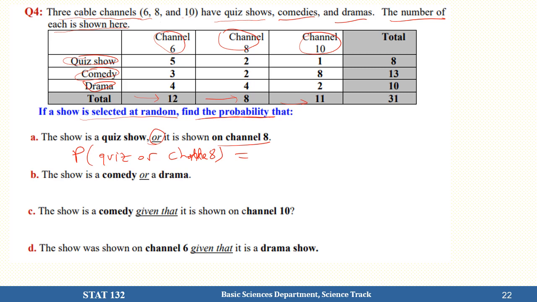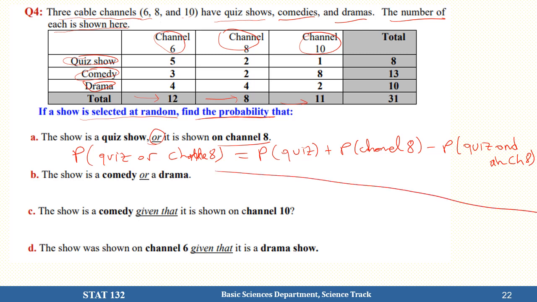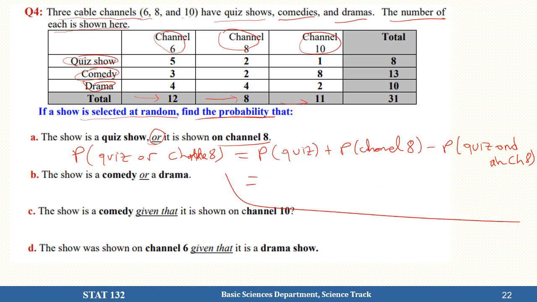So here we can write the probability of quiz. Use the addition rule, the probability of channel 8, and minus the probability that it is a quiz, but on channel 8. So what's the probability that it's a quiz? You can calculate this one, the number of total quiz.